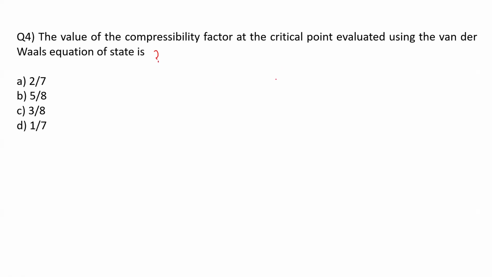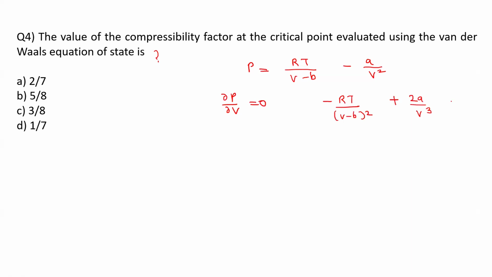At the critical point, we have P = RT/(V − b) − a/V². ∂P/∂V is 0 at the critical temperature. So −RT/(V − b)² + 2a/V³ = 0.